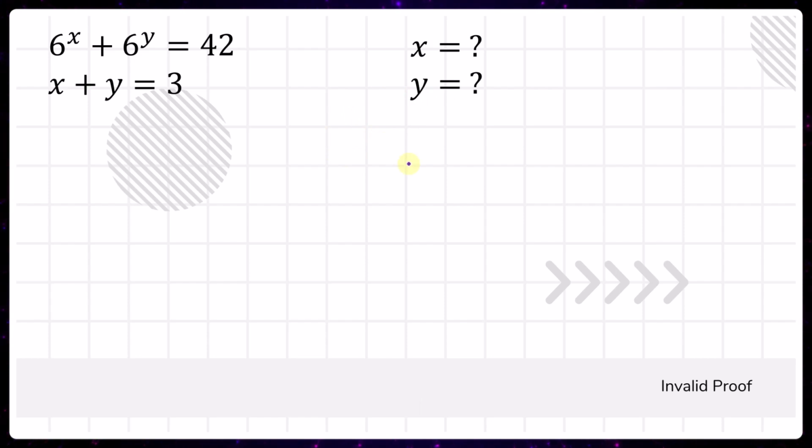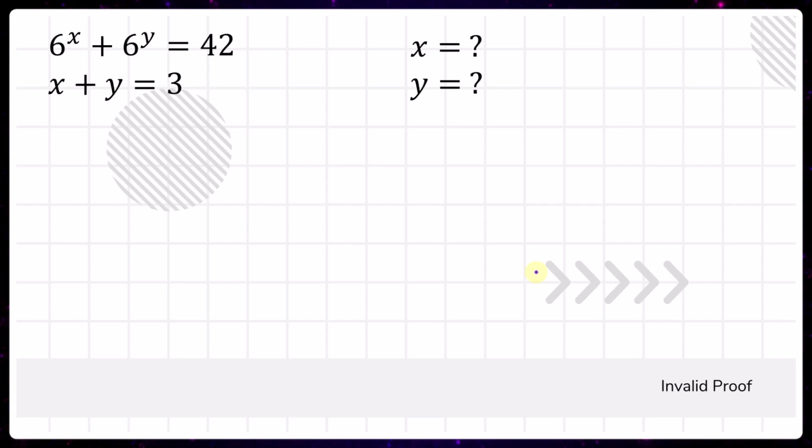And you know, when we have two equations and two unknown variables, what we usually do is first of all, we try to somehow remove one of the variables and calculate the other, and then with the help of that, calculate the remaining variable. And that's what we're going to do here.